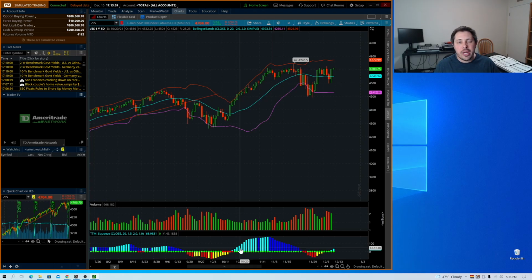We don't know exactly what's going to happen, but we can estimate using probability, putting the odds in our favor by using some of these tools and being objective, right? Being a contrarian, looking at the different possibilities that can happen and then going with the one that seems most probable.